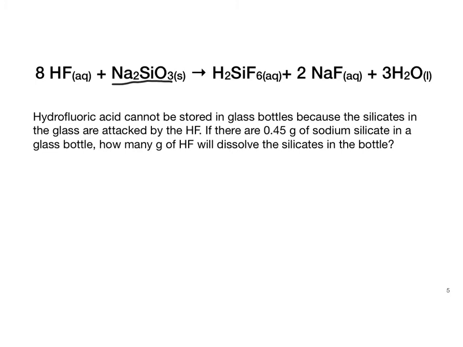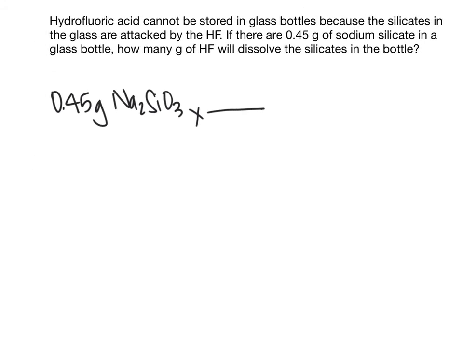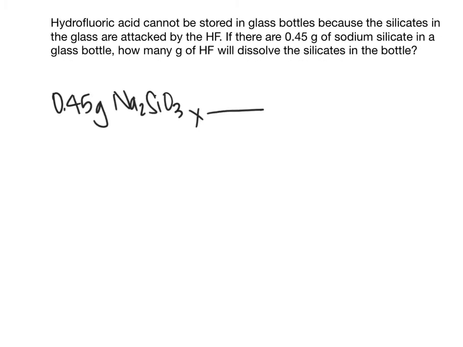The first thing we want to do is start writing stuff down. We're going to take our 0.45 grams of Na2SiO3 and convert that using the molecular weight. In this example, we're going to write out the molecular weights. As a reminder, we calculate molecular weights by totaling up the different atomic weights.